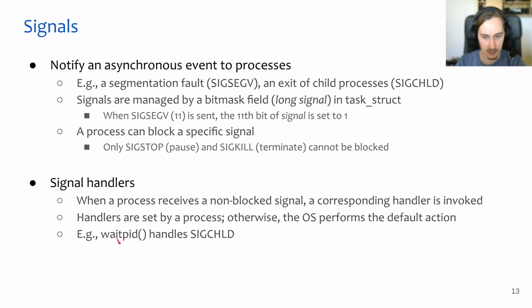And to give another example of common signals, there is SIGCHLD, which is being sent when a child process terminates. And that's exactly what waitpid uses, which is from our code example from fork earlier. waitpid essentially registers a signal handler that waits for SIGCHLD and then just waits until the signal handler is called before continuing execution.